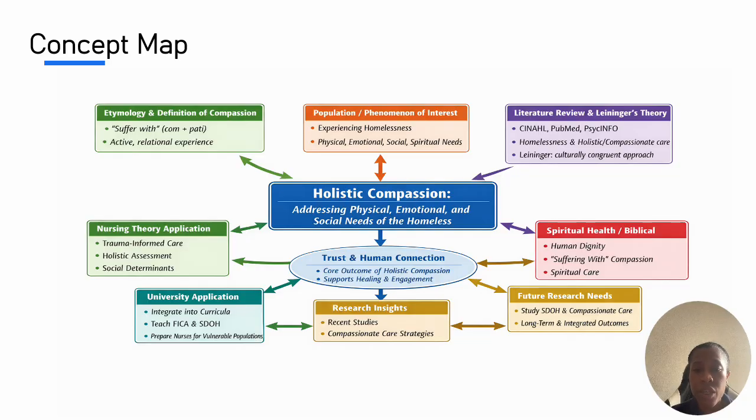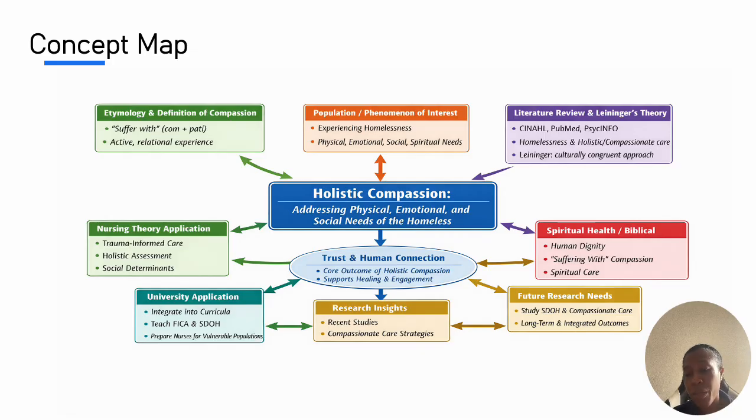And over here you can see that this is my concept map, which was made using Canva. This concept map shows how holistic compassion weaves together emotional, cultural, spiritual, and practical care for individuals experiencing homelessness.